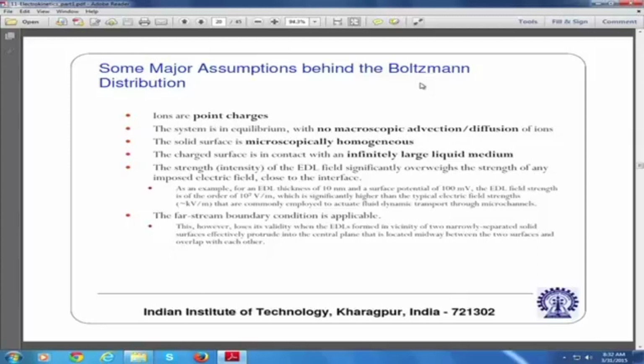So when we are writing the Boltzmann distribution, ideally we should have considered all the potentials, not just the induced potential but also the applied potential. But for practical reasons, because the applied potential is much less than the induced potential within the electrical double layer, we are considering only the electrical double layer potential for the Boltzmann distribution.